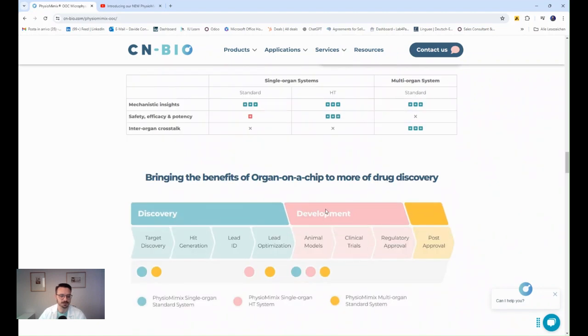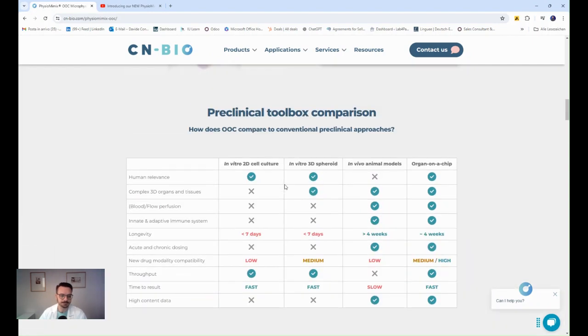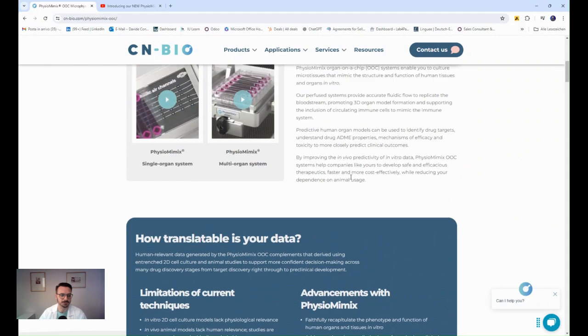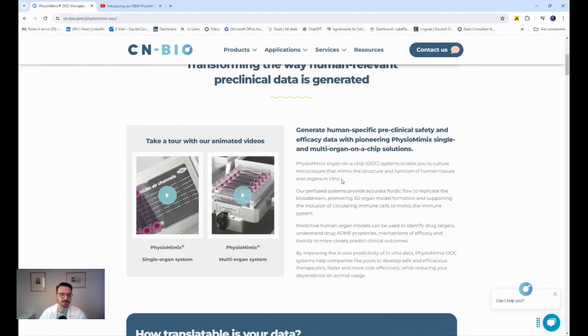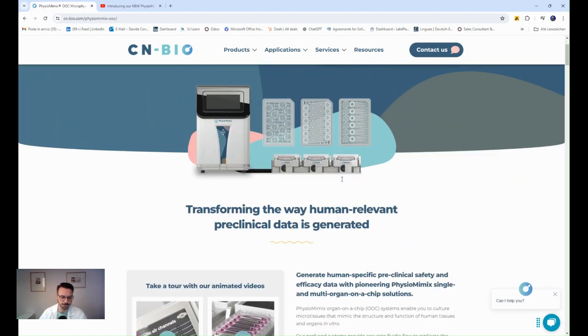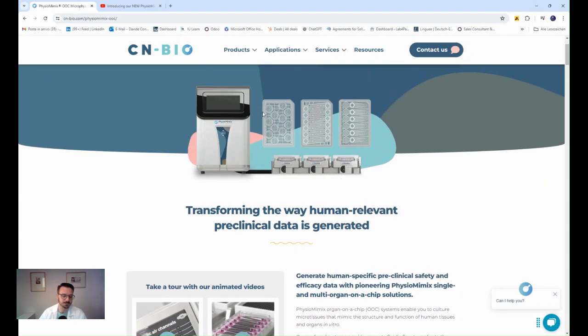So this depends a lot on the kind of models that they have available, what are the things that you want to do, and there's the possibility also of using several organs, but in most of the cases it is limited to 2. Also because it's basically everything plate based, the kind of configurations that you can have are not particularly flexible.